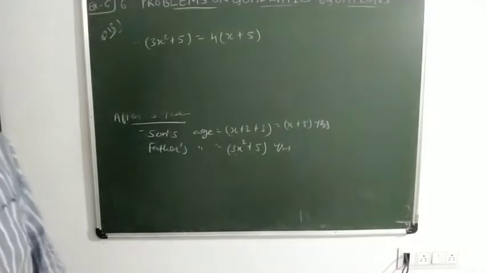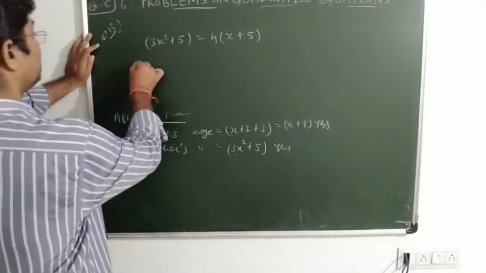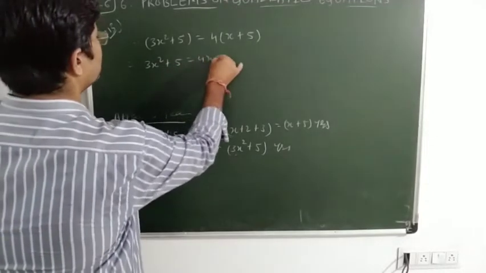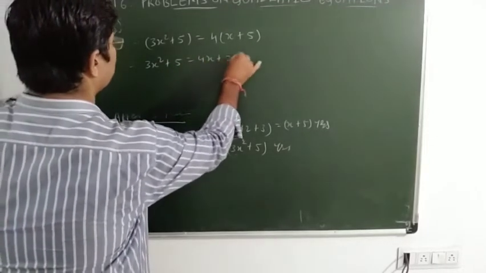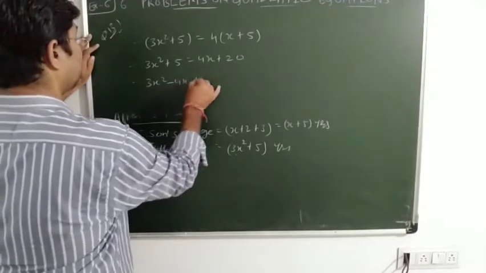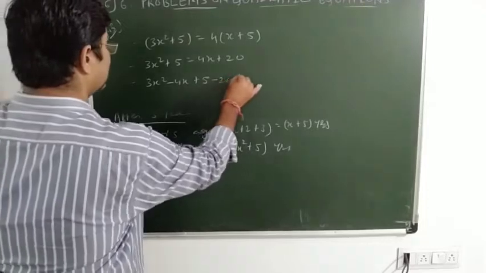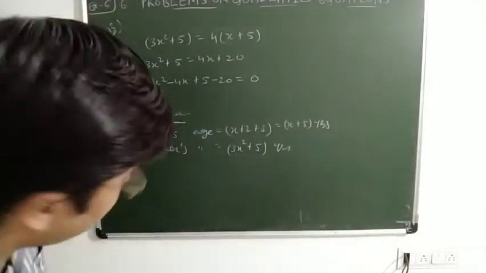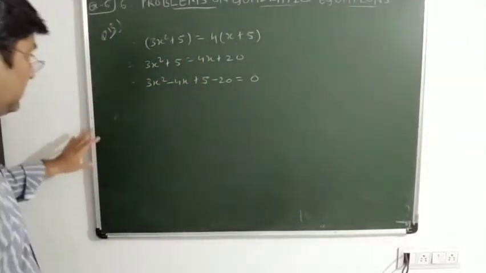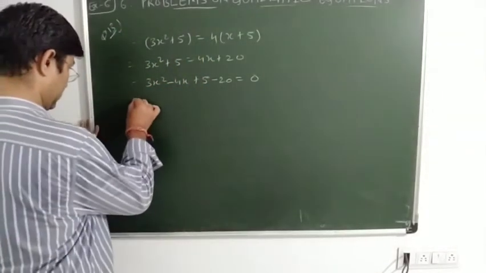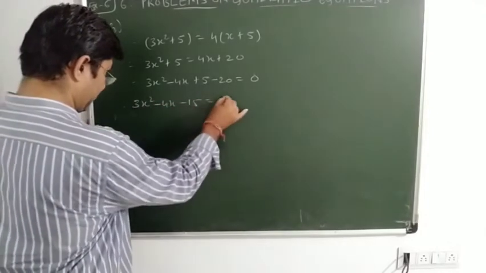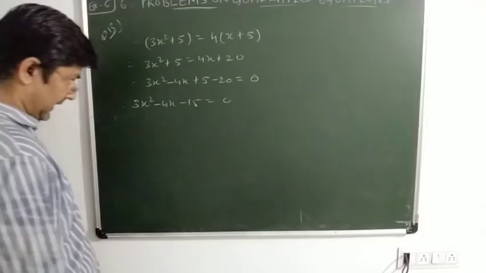Let us simplify to get the quadratic equation, then we will solve. So 3x square plus 5 is equal to 4x plus 5, 4 fives are 20. Therefore 3x square minus 4x plus 5 minus 20 is equal to 0. Therefore 3x square minus 4x minus 15, 15 3s are 45.